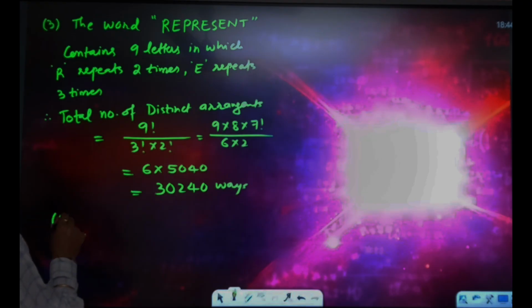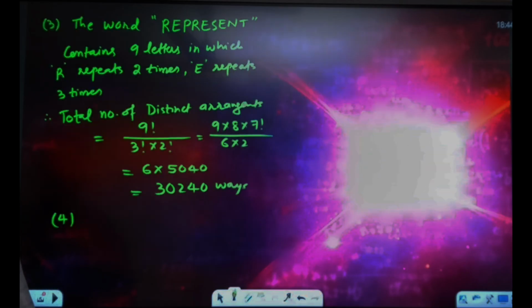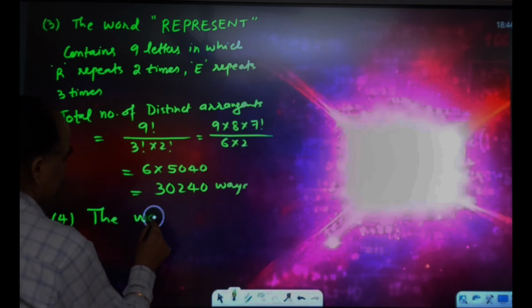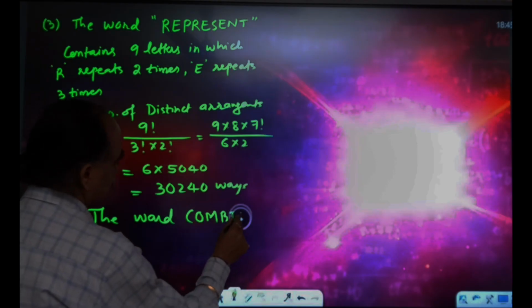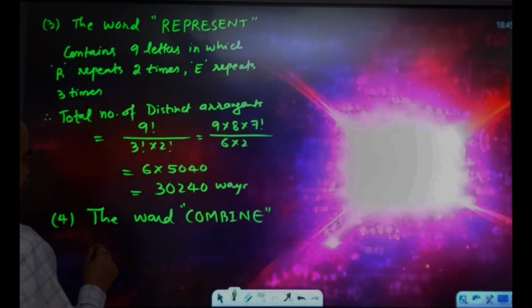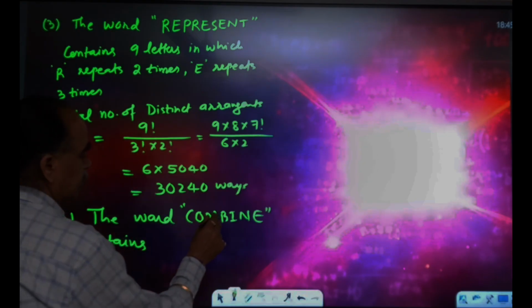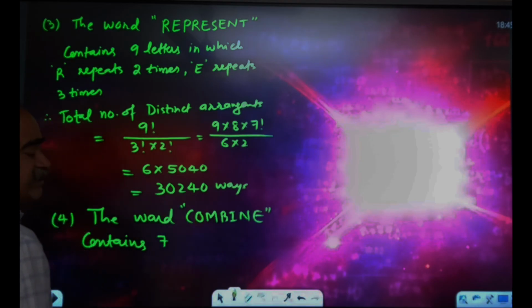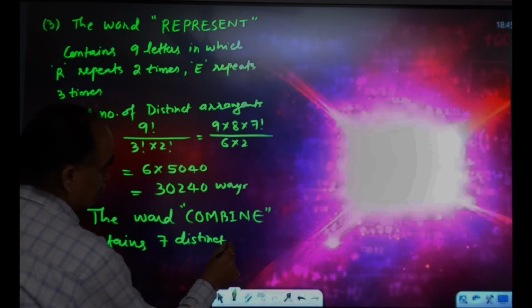Fourth was combine. The word combine contains 1, 2, 3, 4, 5, 6, 7, 7 distinct letters, no letter is repeating.